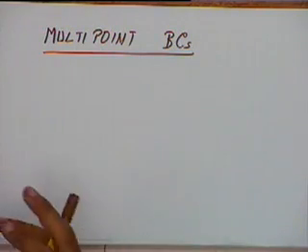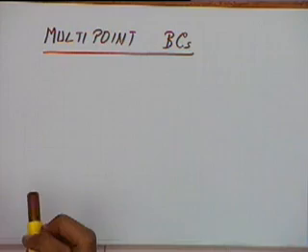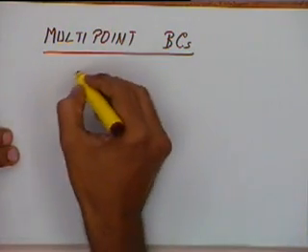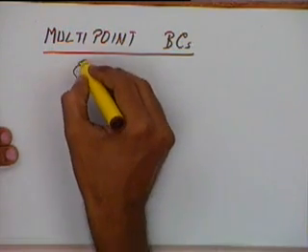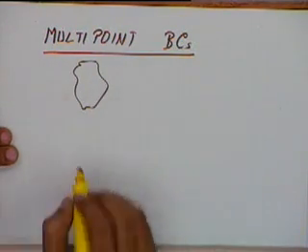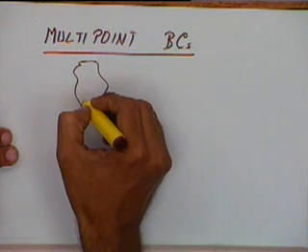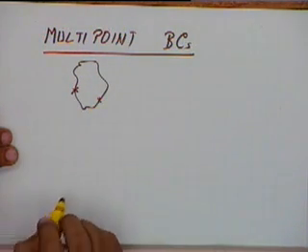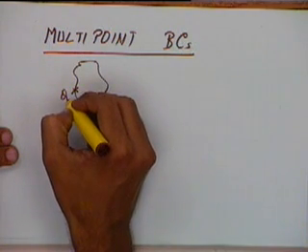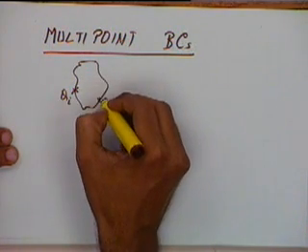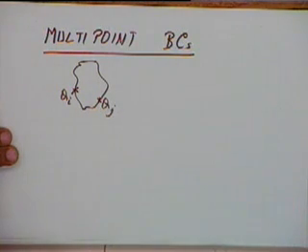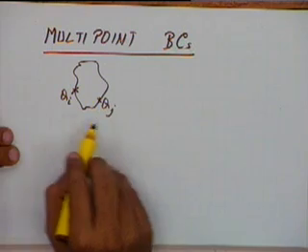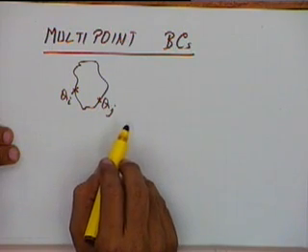In multi-point boundary conditions, we will basically take, let us say if we have any general element like this, we take two nodes on this, let us say one node here and another node here. Let us say this is Qi and this is Qj, and we say that Qi and Qj will be related linearly.